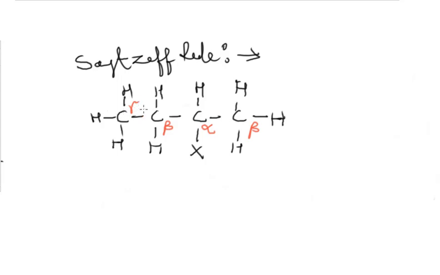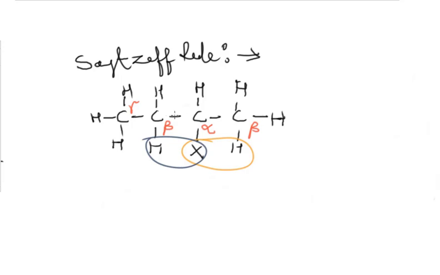Now we have two methods for the elimination of the hydrogen halide. The first way is we eliminate the hydrogen halide from here. This is the first way, and the second way is we eliminate the hydrogen halide from here. So we have two ways to eliminate the hydrogen halide.